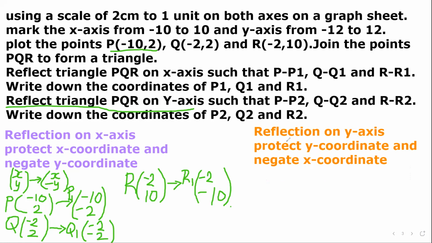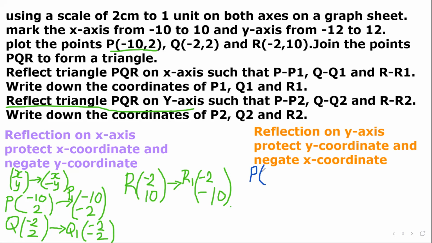Whenever there's a reflection on the y-axis, the y-axis line will serve as a mirror line to reflect the object to the opposite side. If you want to use calculations, it means protect all the y coordinates and negate the x coordinates. Simple as that.